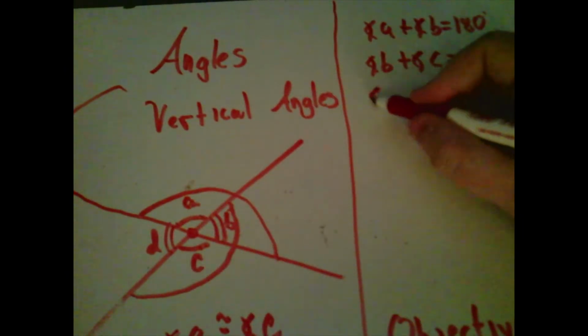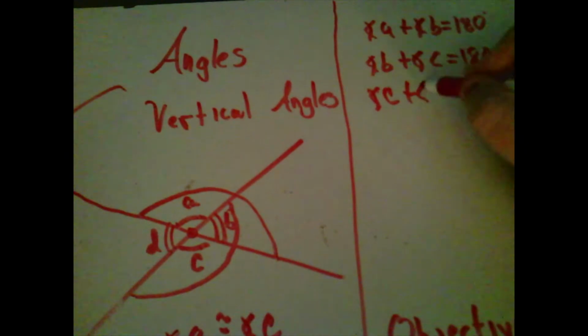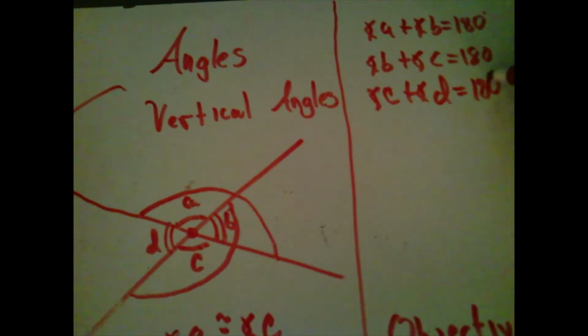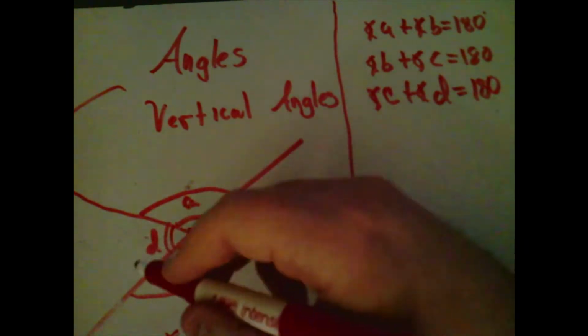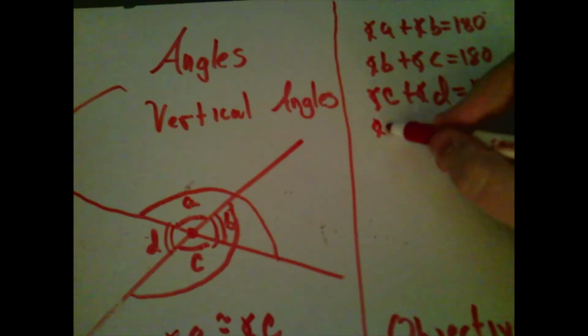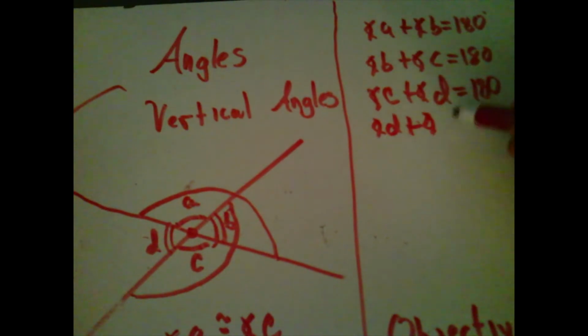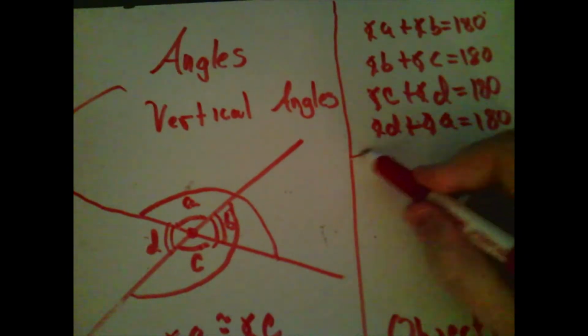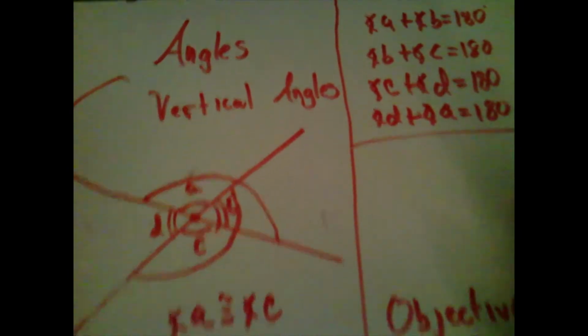Angle C plus angle D are also supplementary. They are equal to 180. CD. And lastly, angle D plus angle A are equal to 180. That's a lot of information, right? Well, let's see if we can do anything with it.